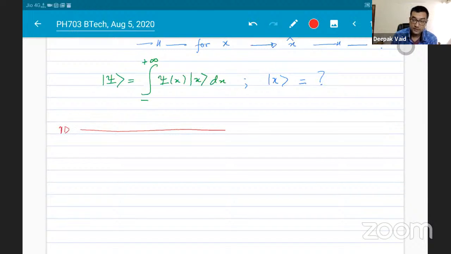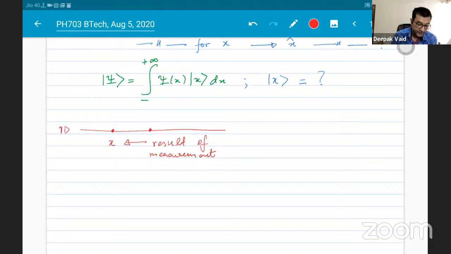When you make a measurement of the position of the particle, what happens? You find that the particle is at a certain position x. Let's say that this is the result of your measurement. This is what you normally expect to be the case, right? You expect that if you measure the position, you get a number which is the position.